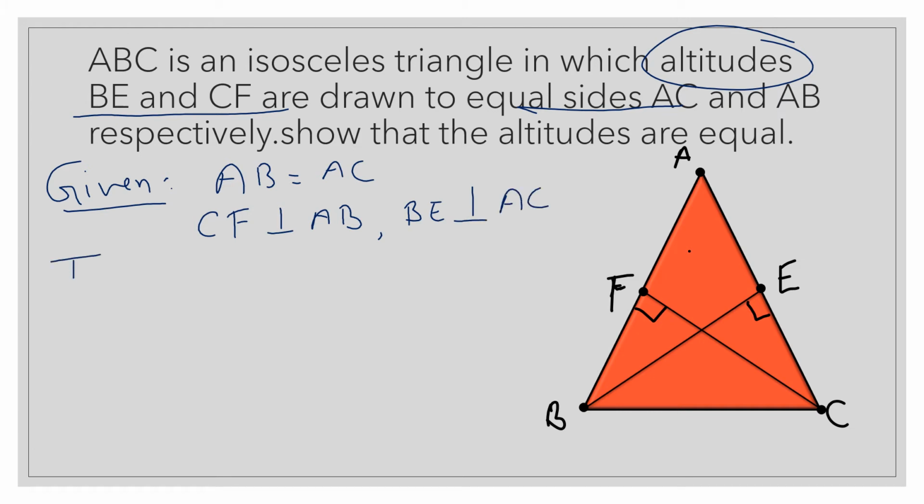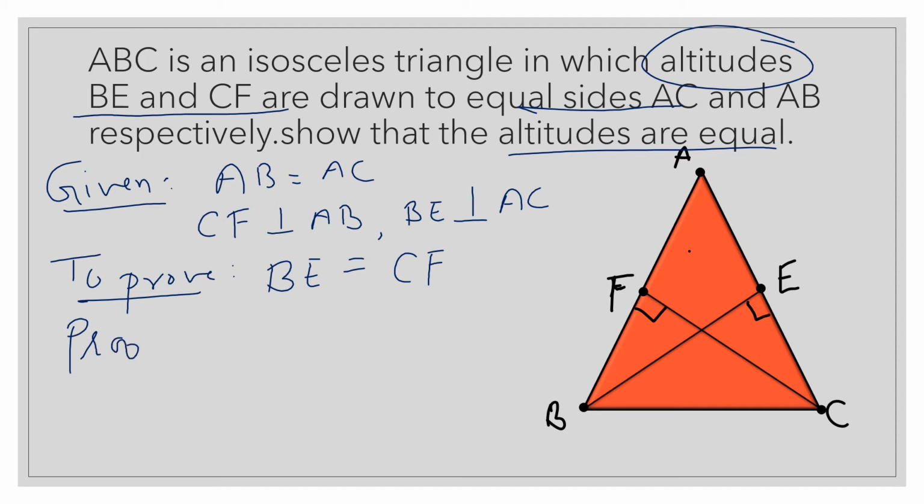What we have to prove is that these altitudes are equal. That means BE is equal to CF. Can you observe two triangles in which we get these two sides BE and CF?